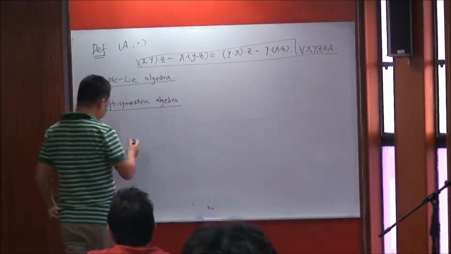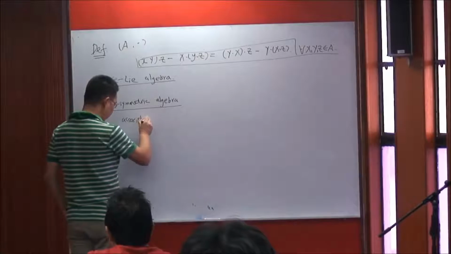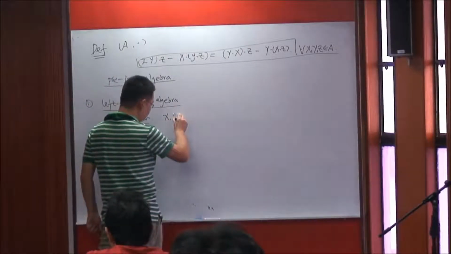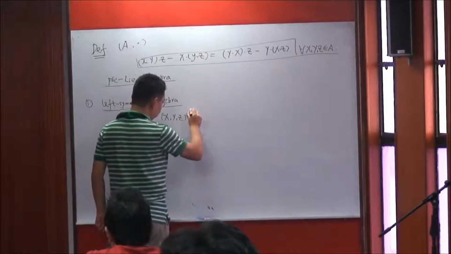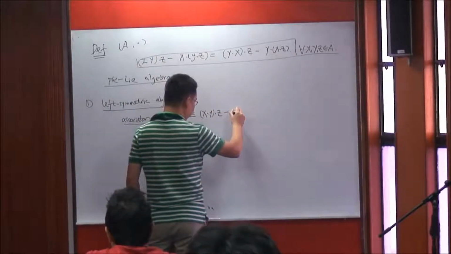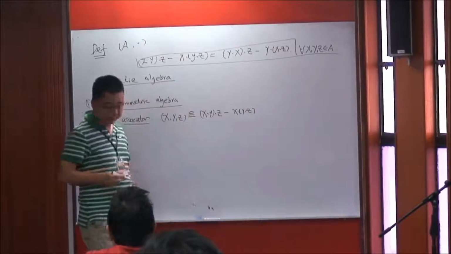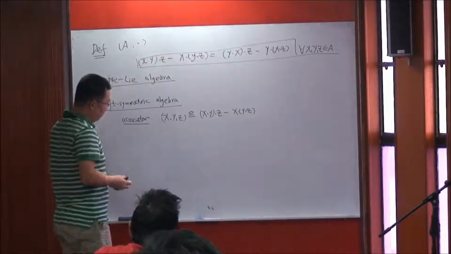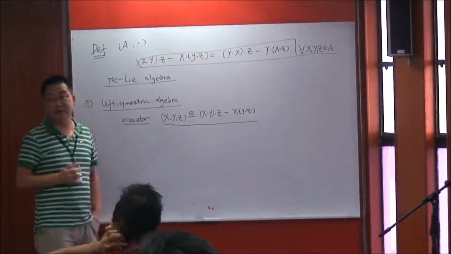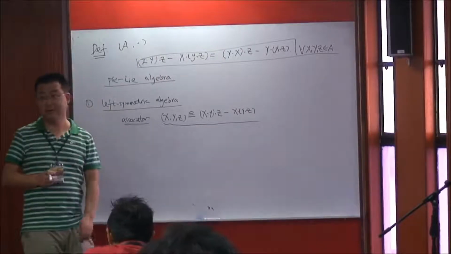If we denote the associator by (x, y, z) equals (x dot y) dot z minus x dot (y dot z), then if the associator is 0, the algebra is an associative algebra.